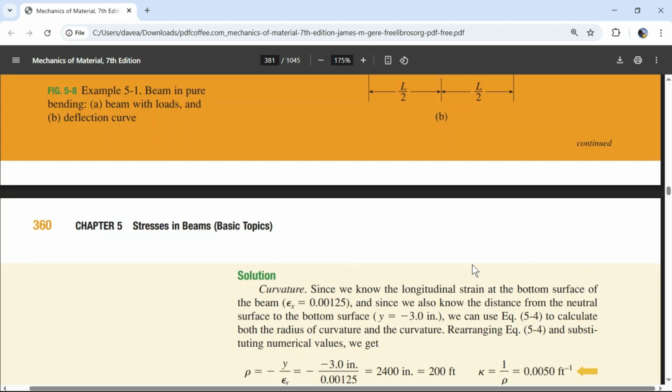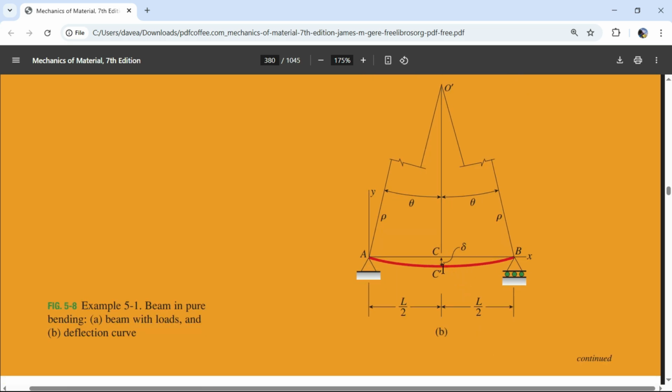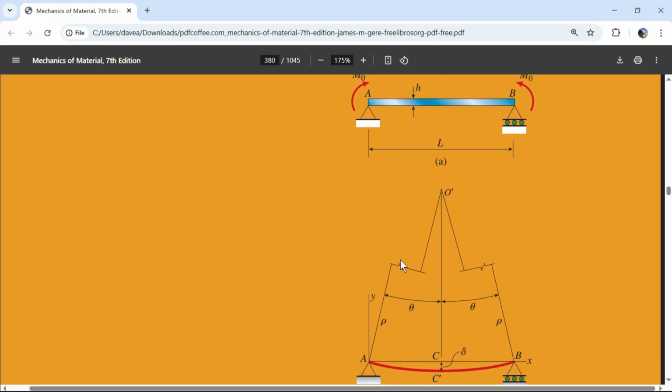Where are they saying A and B are? Are they saying A must be the very top? Didn't they get that a little bit wrong? Because the beam does have thickness. And are we interested in delta from the center?